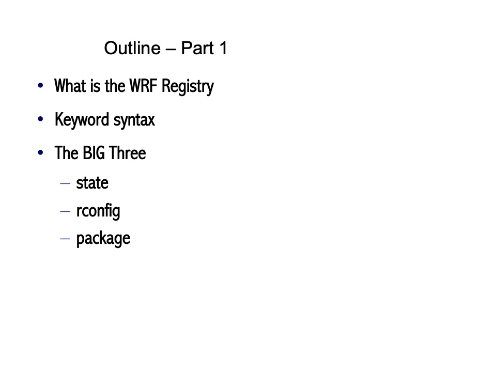We'll go over what the registry file is, where it's located, the way that the registry works via the syntax, and then go over the important 3 keywords that are used in the registry for nearly all modifications to the WRF file. Part 2 of this presentation is utilizing the information from Part 1 and going through a list of examples.